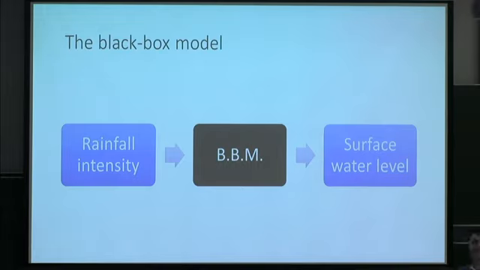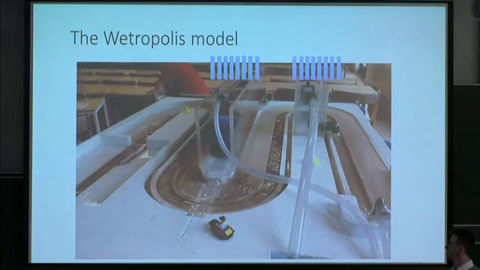Then we move on to our outputs, so our surface water level, and you can calculate damage metrics from this. The middle one there is the real computational bottleneck. This is what costs the most, and ideally we don't want our optimization to be going on over here, because we'd have to run that model lots of times. So we want to work on the space on the left-hand side over there.